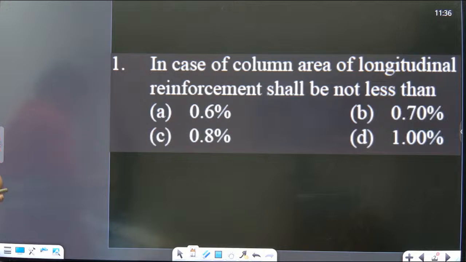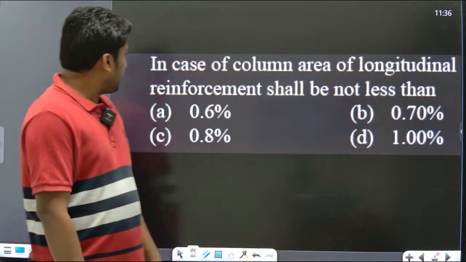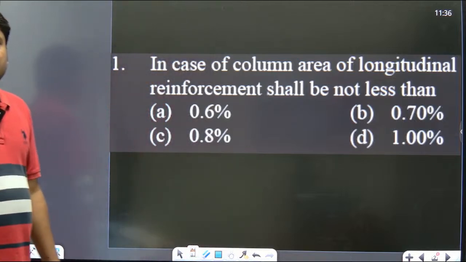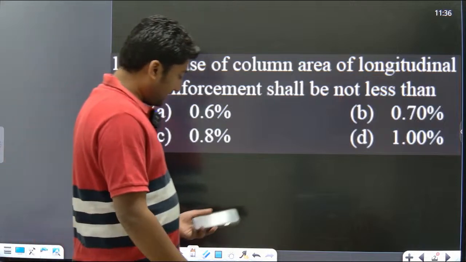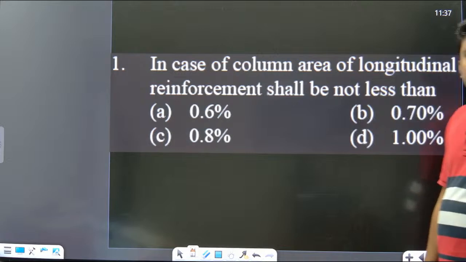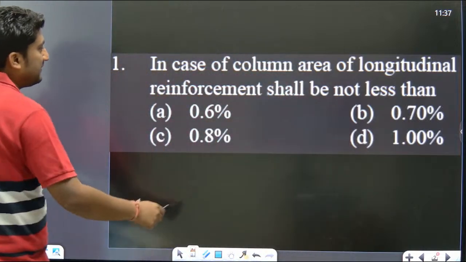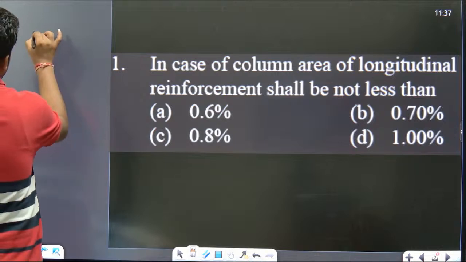Yes, very good. Look, in case of column, area of longitudinal reinforcement shall not be less than. So look very carefully, you can see that the minimum longitudinal reinforcement shall not be less than the minimum.